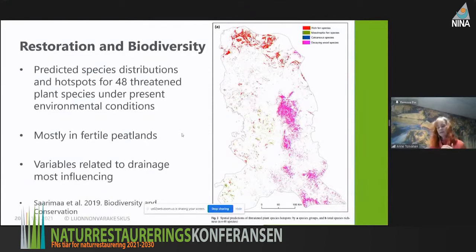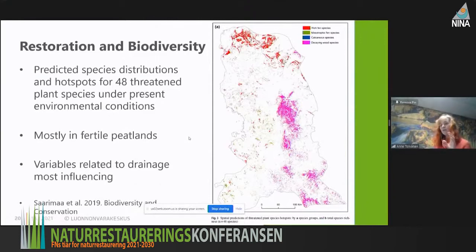So whether the peatland is drained or not is the greatest explanator for the distribution of threatened species, which is kind of a self-evident message, telling that drainage has an impact on these species being threatened in general. So that has caused many rare species to become threatened later on.